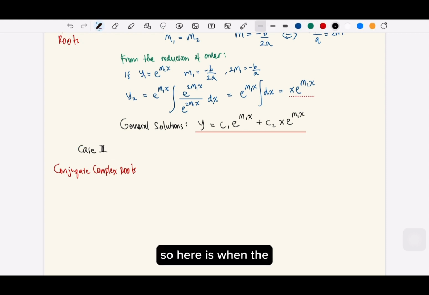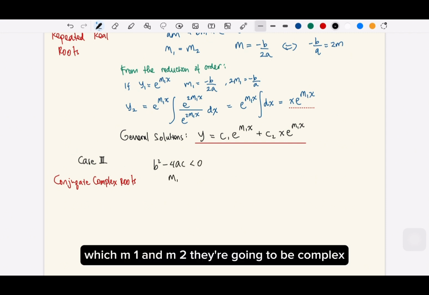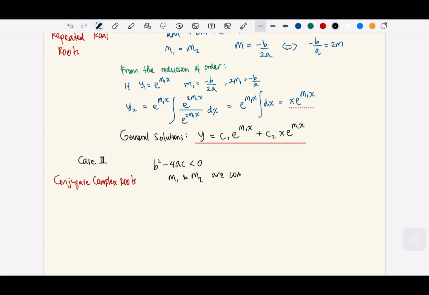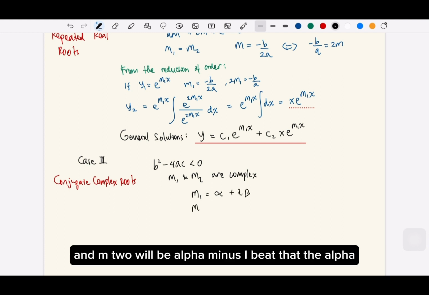Here b squared minus 4ac is less than 0, so m1 and m2 are going to be complex. m1 will be alpha plus i beta, and m2 will be alpha minus i beta.